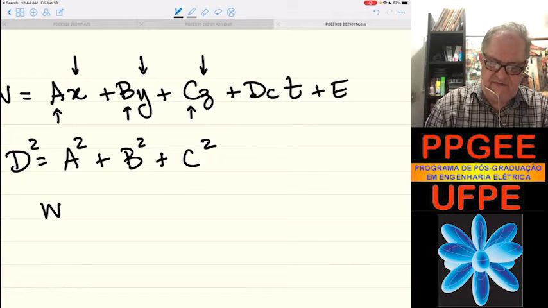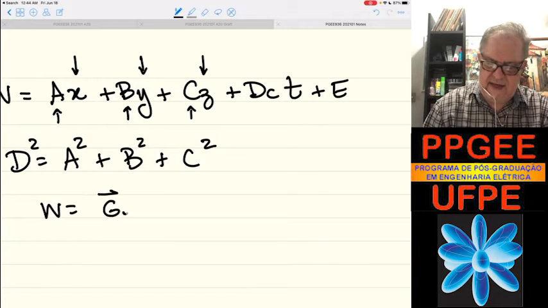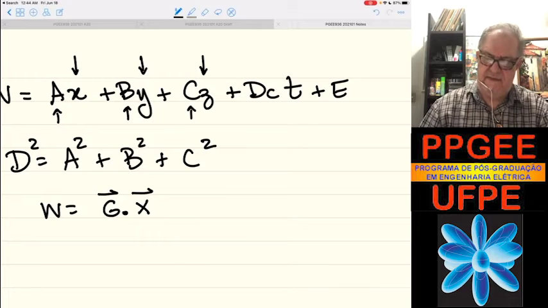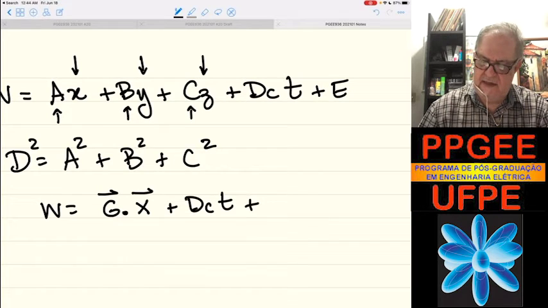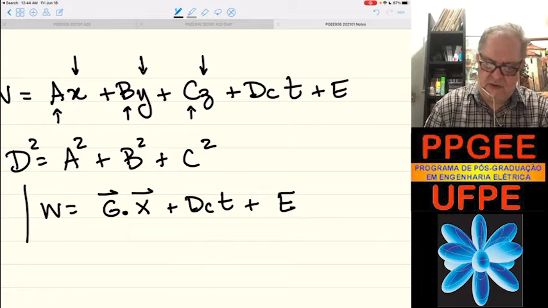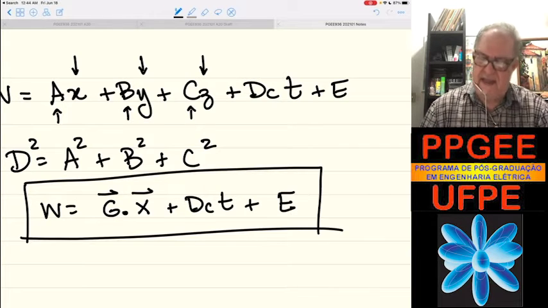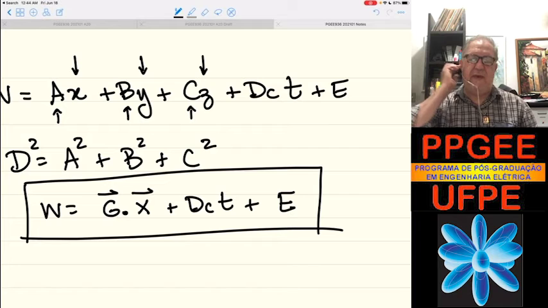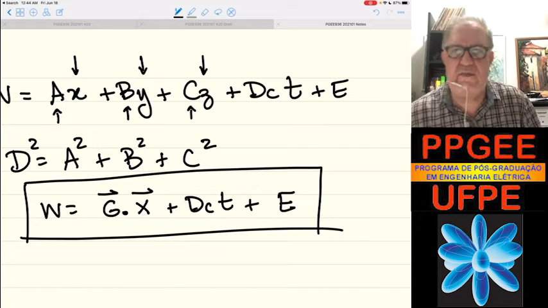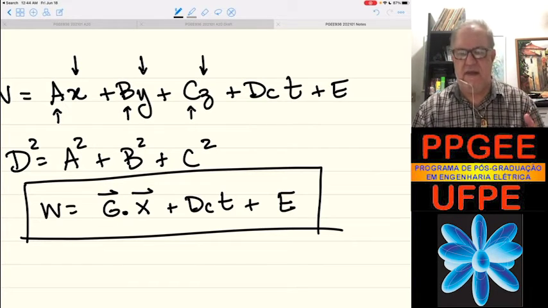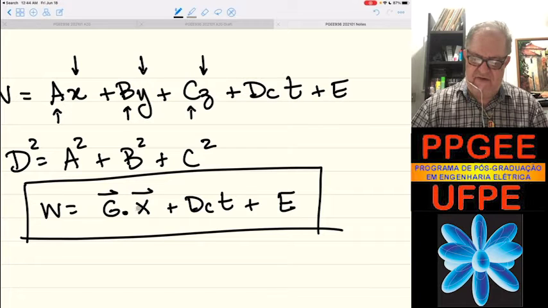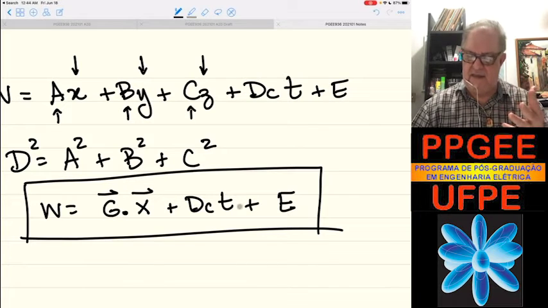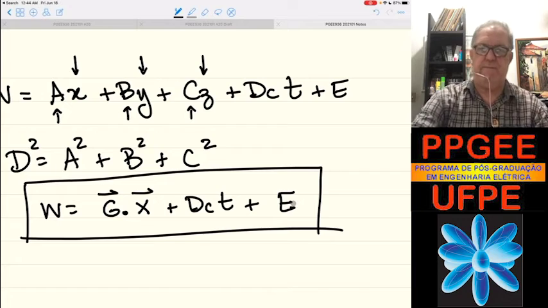So W has the form G dot X, which is this term here, plus this term there, dCt plus E. That's the general solution for the argument. I mean, to satisfy the wave equation, the simplest form of the argument of the function is this linear function of x, y, z, and t, plus E.